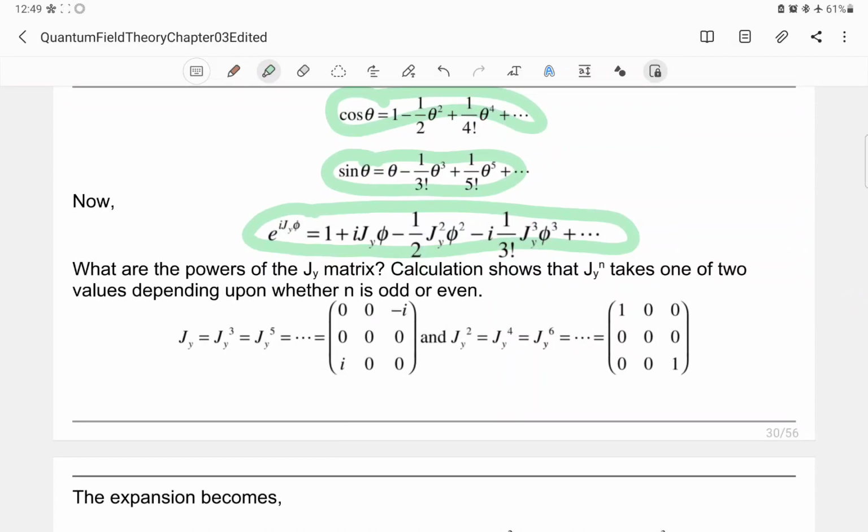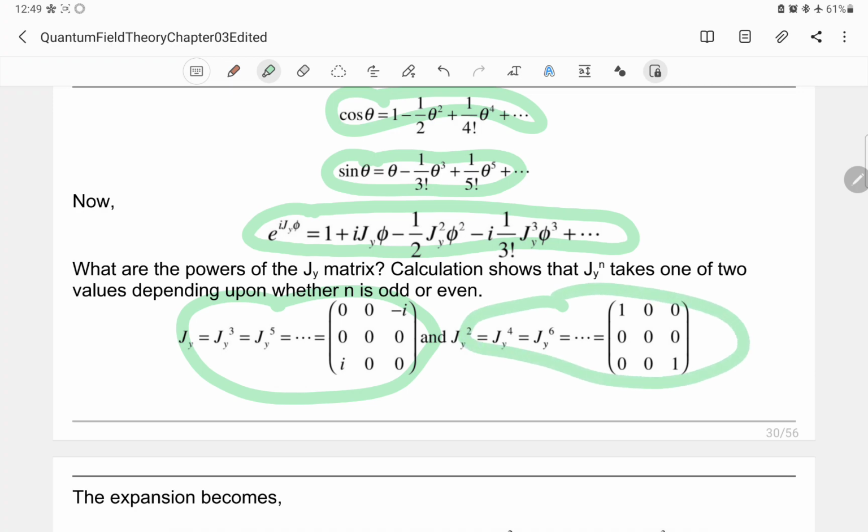What are the powers of the Jy matrix? So calculation would show that Jy to the n takes one of two values depending upon whether n is odd or even. So Jy1, Jy3, Jy5 would have this, and for even powers you have this one.